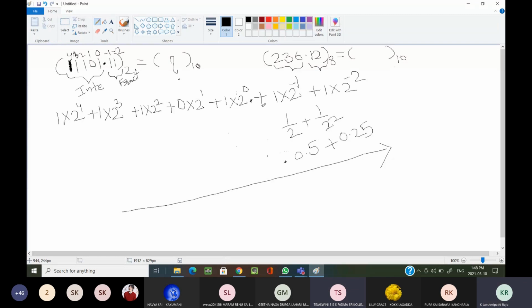The same procedure we followed for the fractional part in binary applies here also: 1 into 8 power minus 1, 2 into 8 power minus 2. If you perform all the additions, you get the required decimal number.